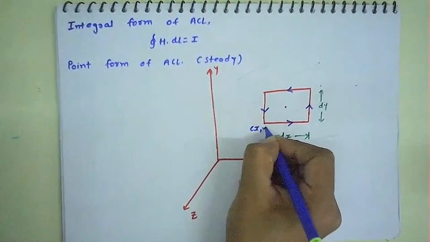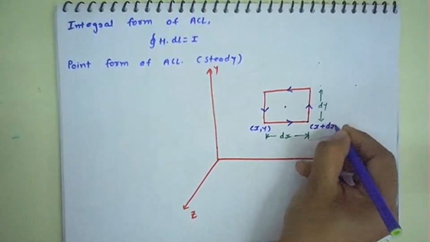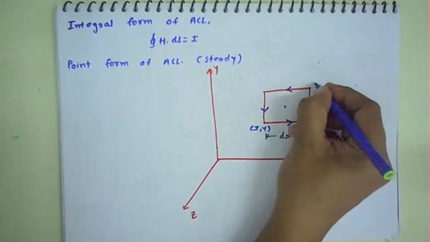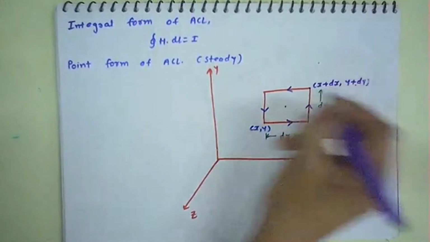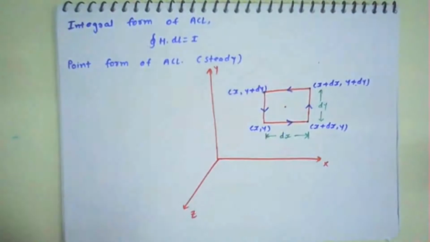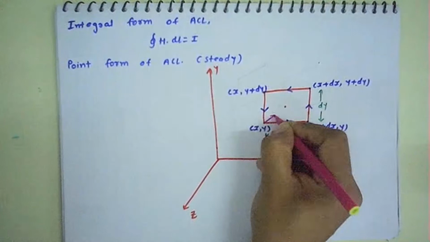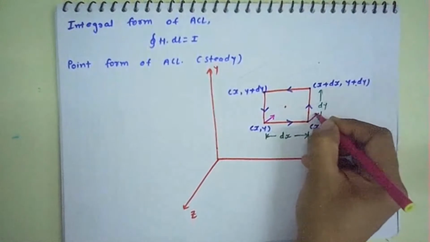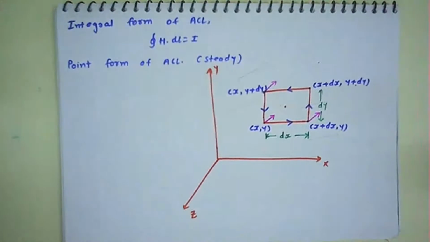Let us say this is the point x, y. Here x plus dx, y, this is x plus dx, y plus dy, and here x, y plus dy. Now we consider the field from this point is in this particular direction, the field from this point is in this particular direction, and the field from this is in this particular direction.